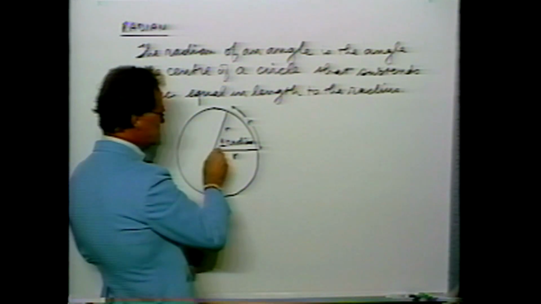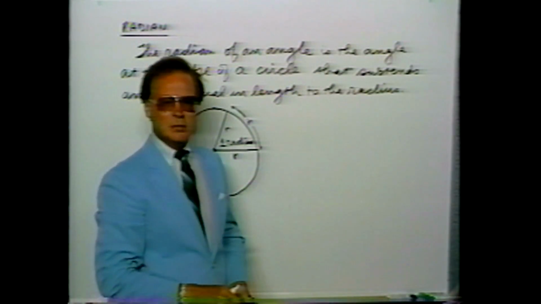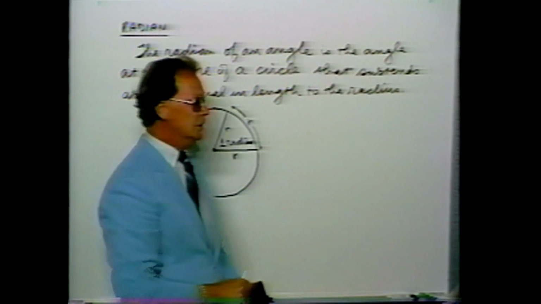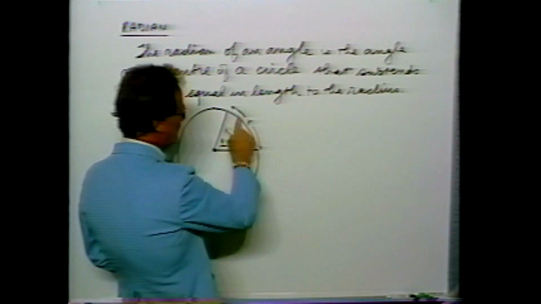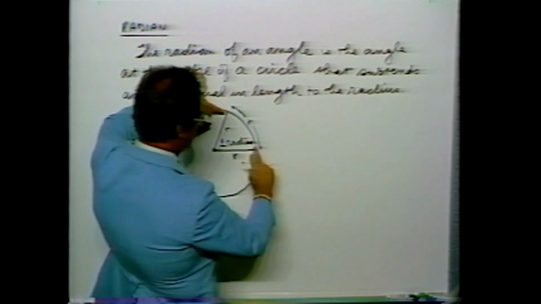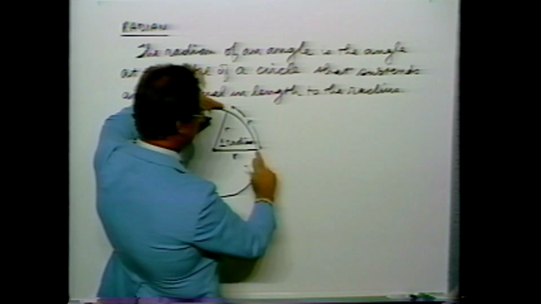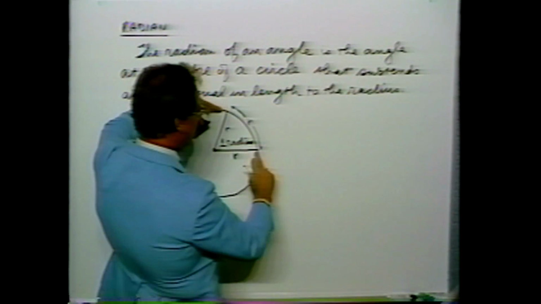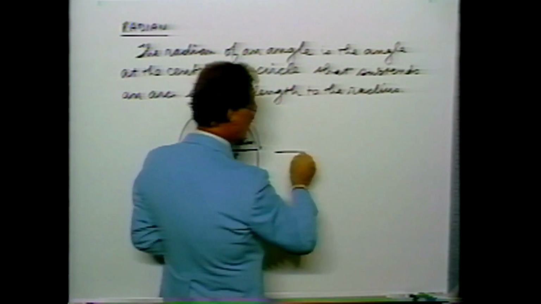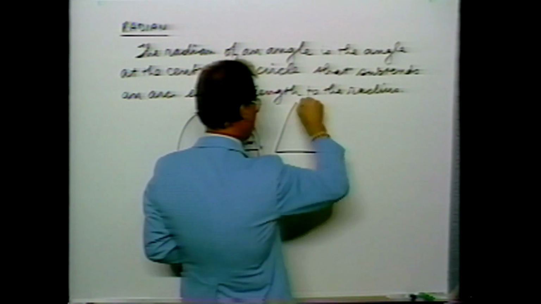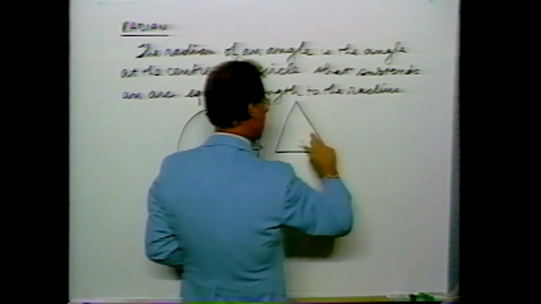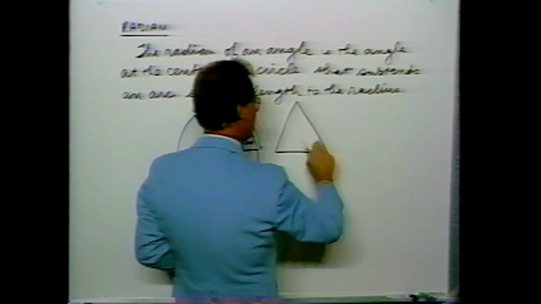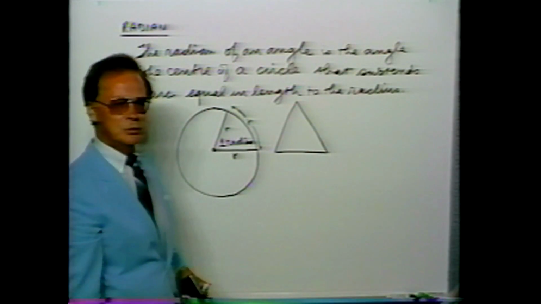To make some association with a geometric figure which you are already familiar with, let me assume that this arc is straightened out so that I have then a complete triangle. What we have here then is what you've probably already guessed is an equiangular triangle.